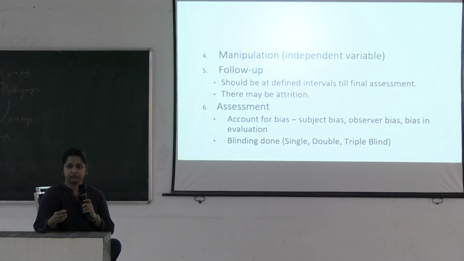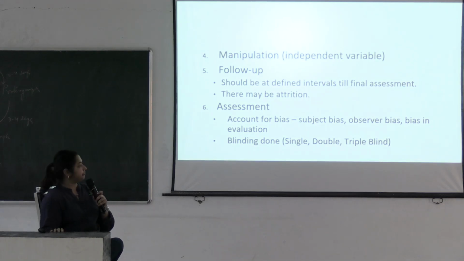The outcome will be manipulated like that. It will be an error. If the participant starts thinking, I am getting the better intervention, I will be better soon, so I am very happy, the results also look very good, and they follow that intervention more sincerely than they would have in normal circumstances. So that is a subject bias.